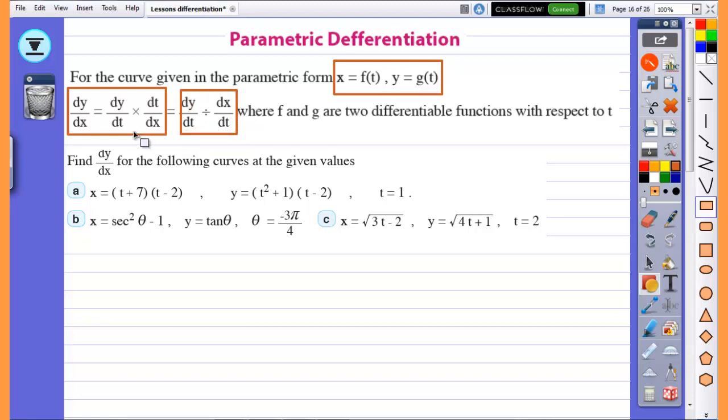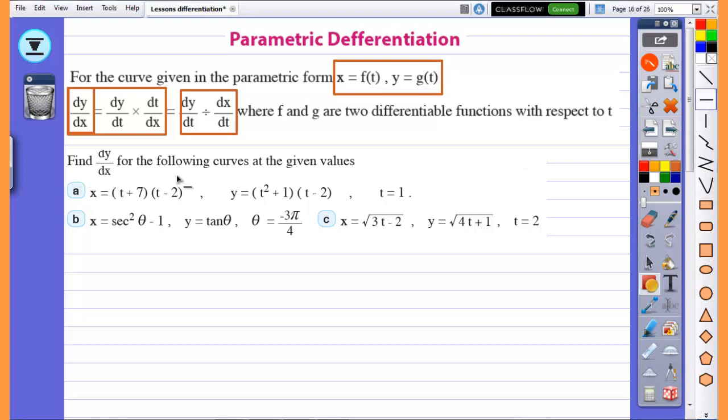So finally, when you want to calculate dy/dx like this, first we will find dy/dt and dx/dt, and we will make a division, dy/dt divided by dx/dt. For that we'll take some problems.